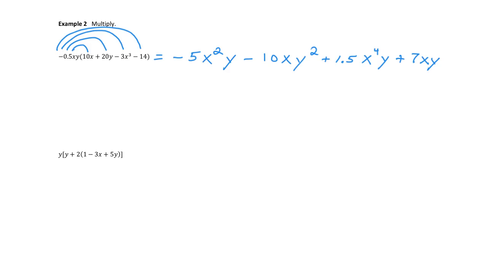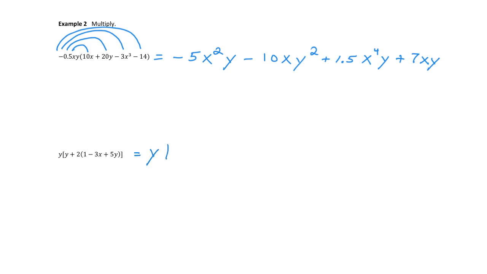All right, let's try this now on the very last one here. So I have 2 sets of parentheses, and this means I'm going to use the distributive property twice. So first, I'm going to take this 2, multiply it here, combine any like terms, and then I'll distribute this y last. So let's try this out.